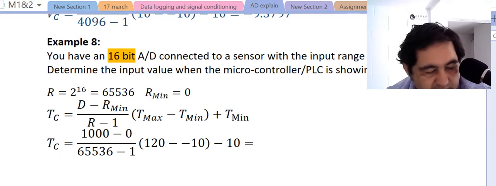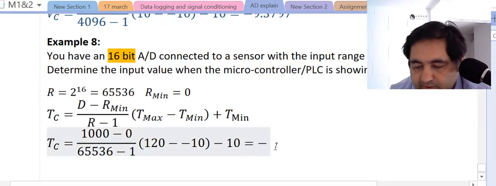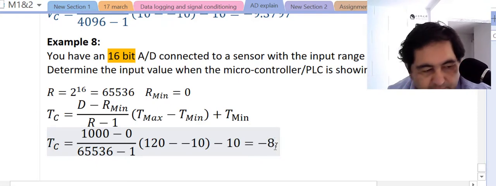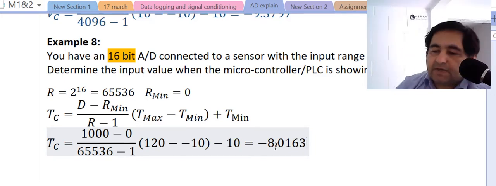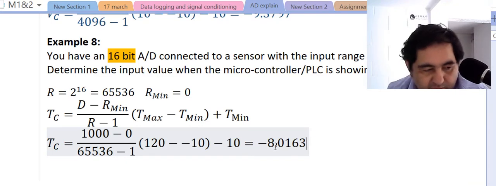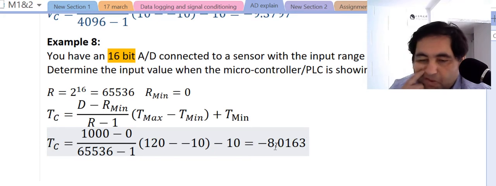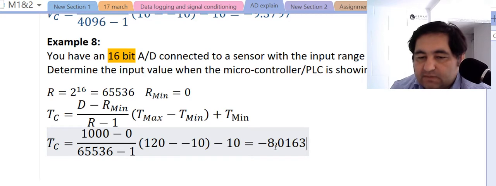The number that I am getting is minus 8.0163, and the digits carry on and continue, but we just leave it there.